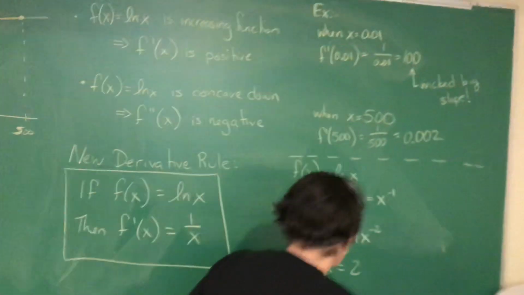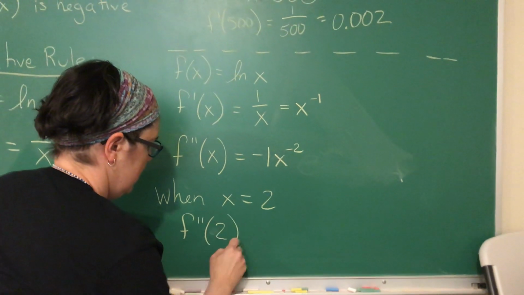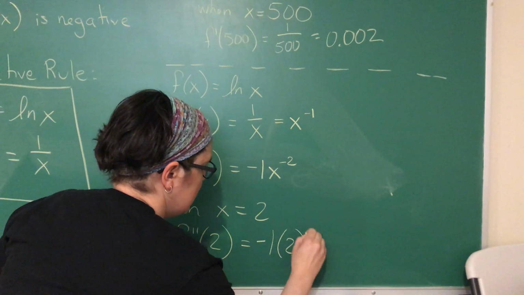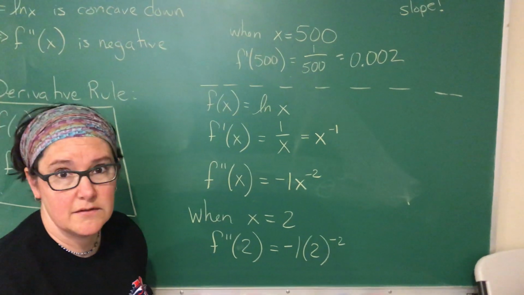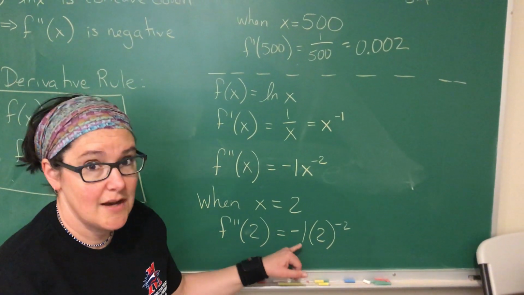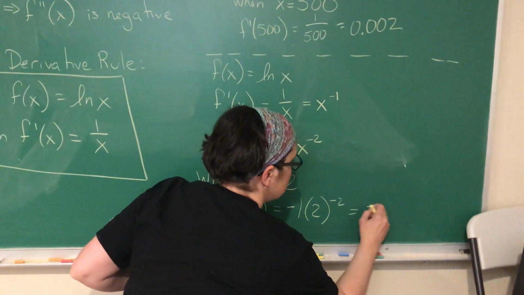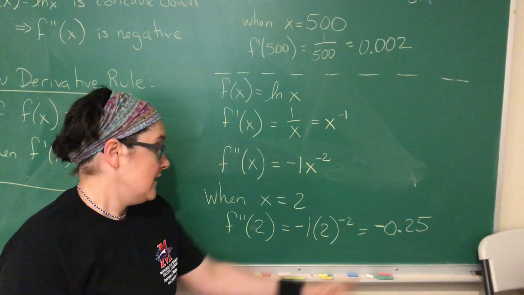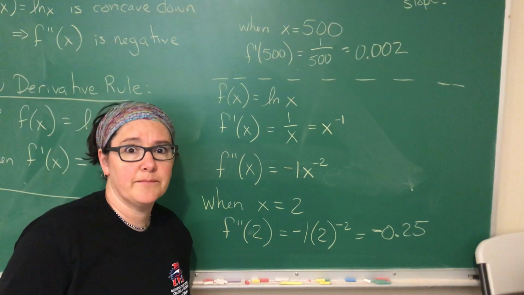When x is equal to 2, plugging in x equal to 2 gives us negative 1 times 2 to the negative 2. You should type this into your graphing calculator and double check that you get negative 0.25. Second derivative is negative, tells us our graph is concave down, which it is.